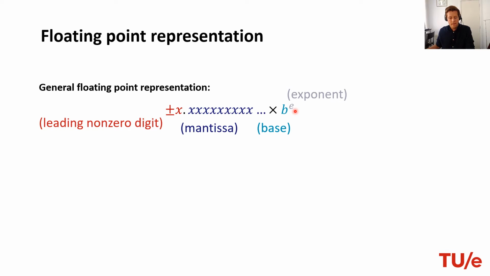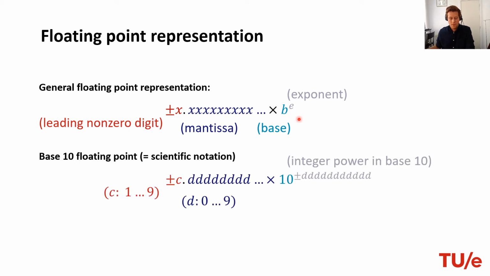Let's try to make this a bit more concrete by looking into a very specific base, and that is base 10. For base 10, floating point representation is simply known as scientific notation. And that's something that most of you will probably already have seen somewhere through their curriculum. So in scientific notation, this leading non-zero digit can be from 1 to 9.